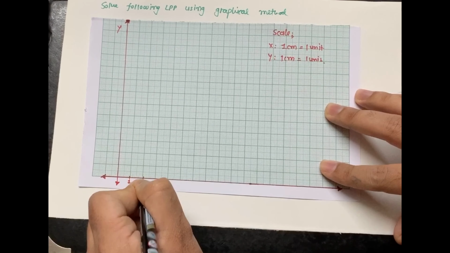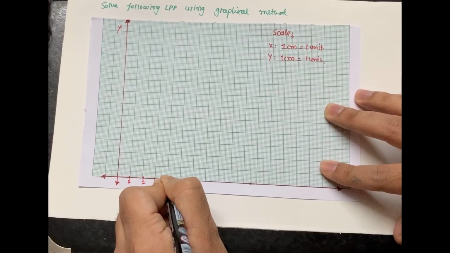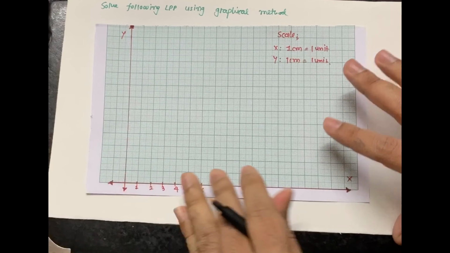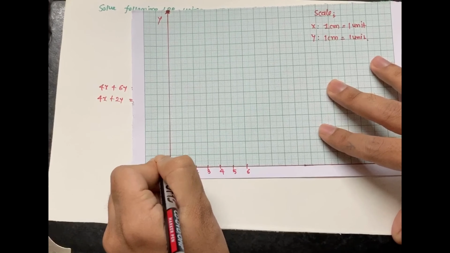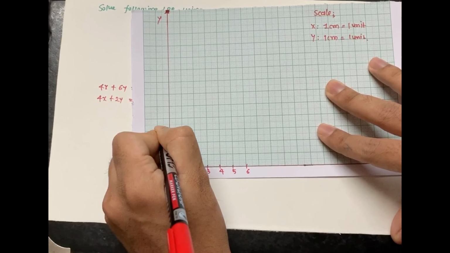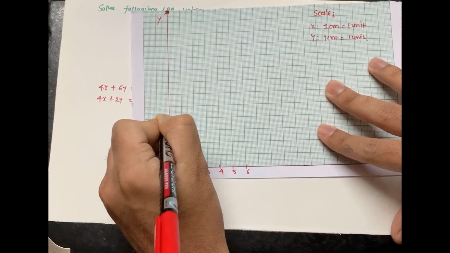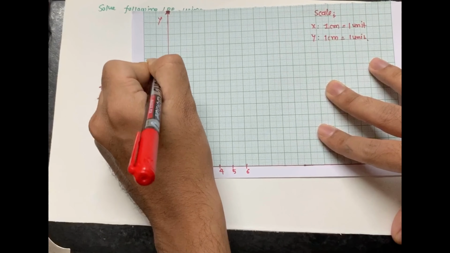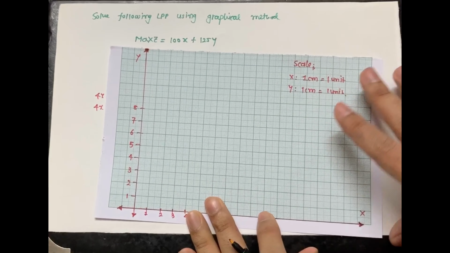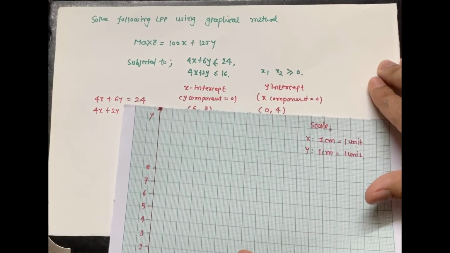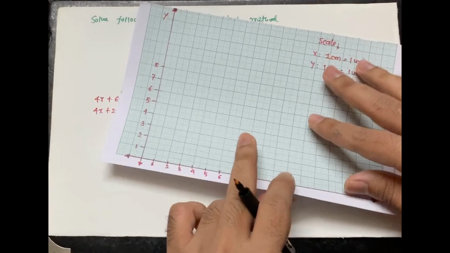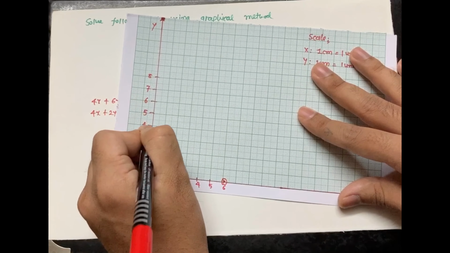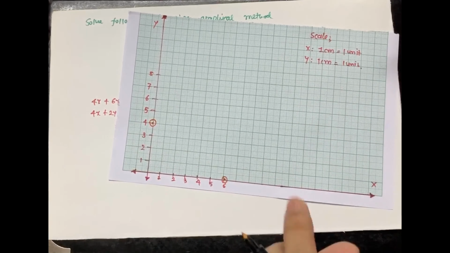So 1, 2, 3, 4, 5, 6. On the y-axis it is up to 8: 1, 2, 3, 4, 5, 6, 7 and 8. What are the points for the first line? 6, 0 and 0, 4. So this is 6, 0. This is 0, 4.